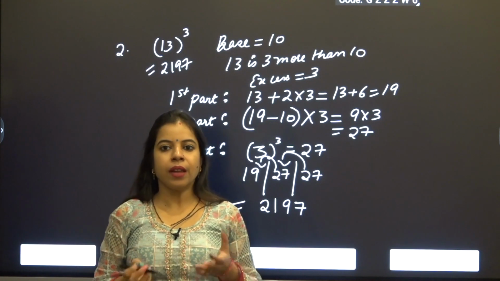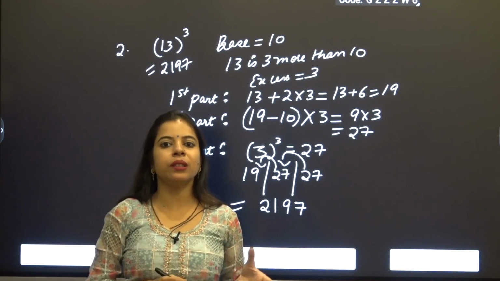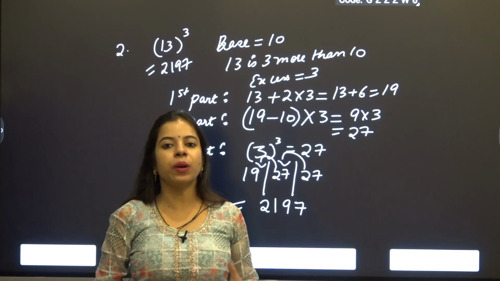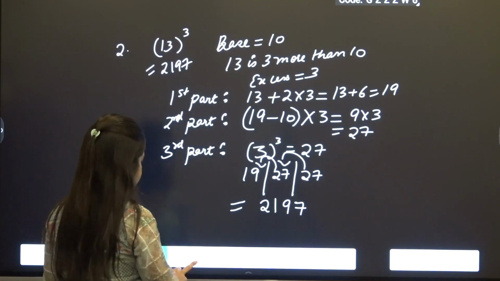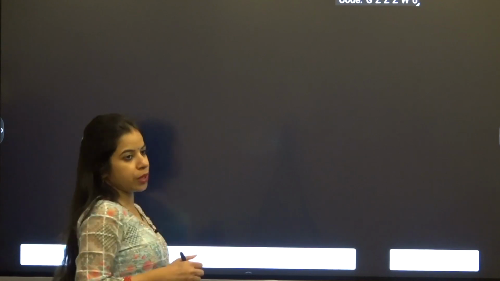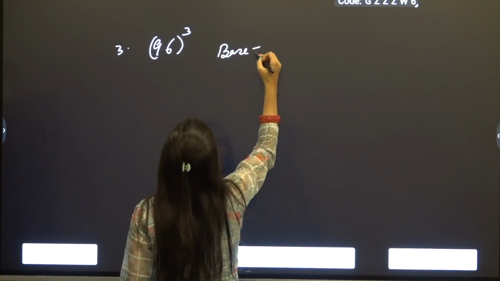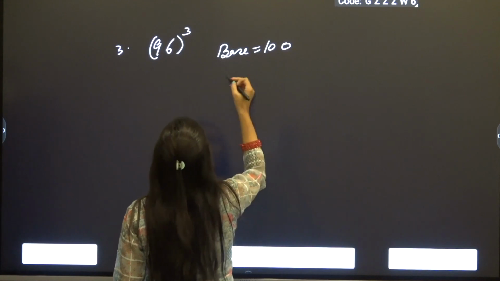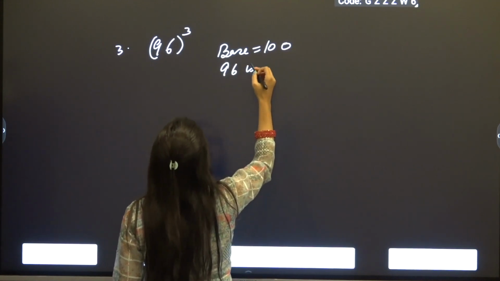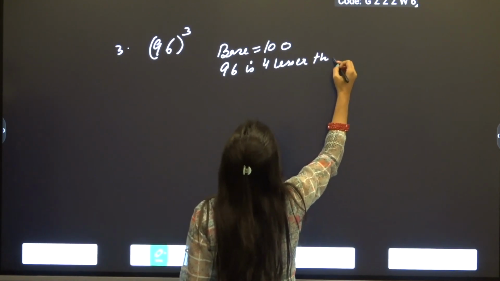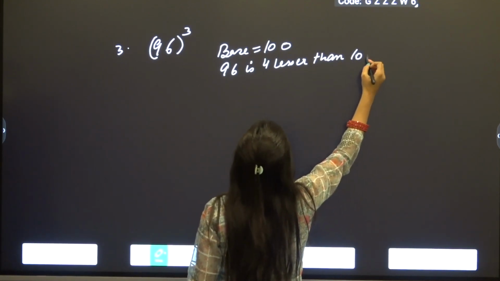Okay. These were the examples when the working base is 10. Let us take the examples when the working base is 100. First I am going to take the example where the number is smaller than 100. So here the base is 100 and 96 is 4 lesser than 100.